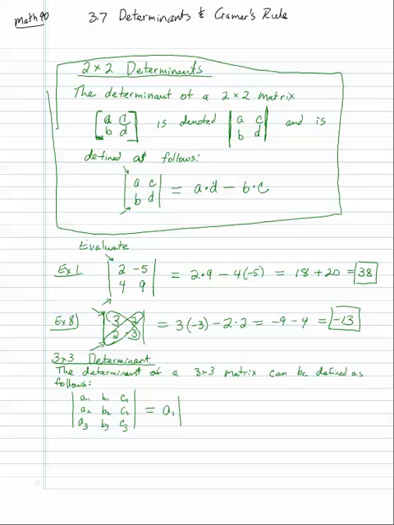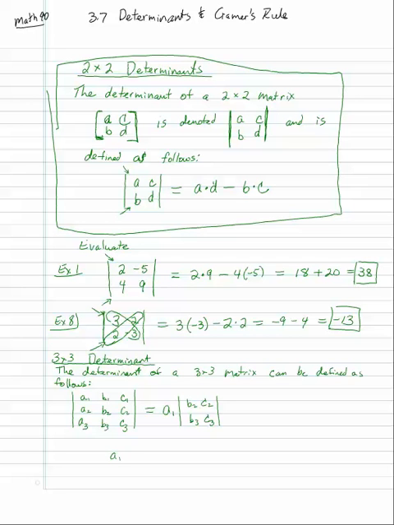So I can take that first column, A1, and if you imagine crossing out the first column and first row, what's left over is B2, C2, B3, C3. So we're going to do A1 times the 2 by 2 matrix, we call that the minor actually.